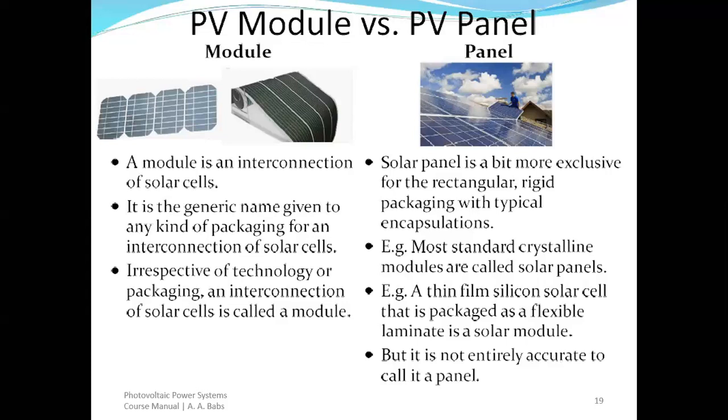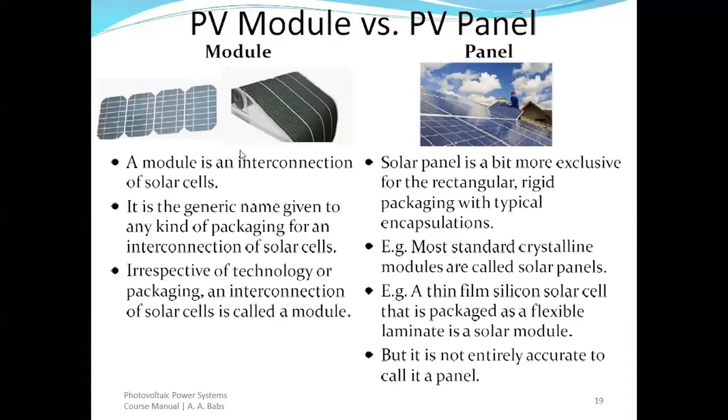Now, when you put many solar modules together, what you come up with is a solar PV array. So a module is an interconnection of solar cells. It is the generic name given to any kind of packaging for an interconnection of solar cells. Irrespective of technology or packaging, an interconnection of solar cells is called a module. So pay attention to that.